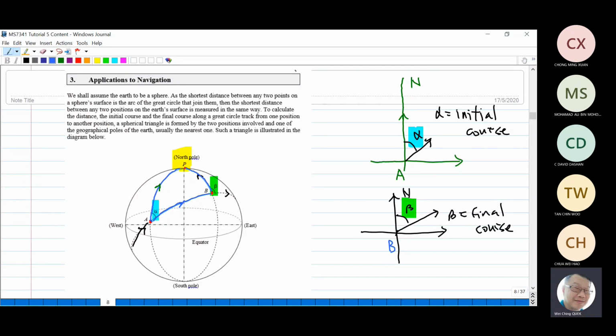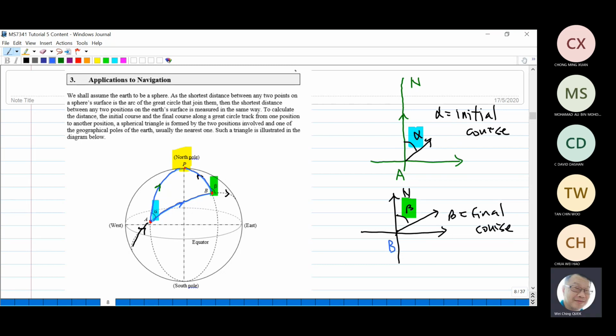Okay, so between example 3 and example 4, there's a 4-part theorem, right? So you can skip the 4-part theorem and go straight to application to navigation.